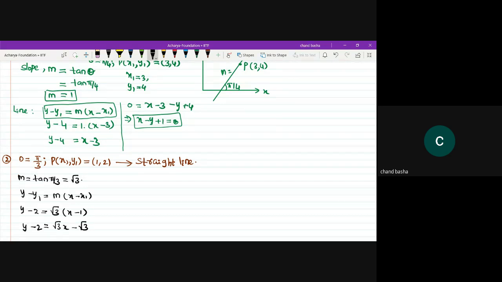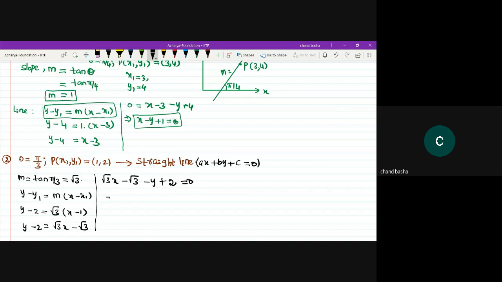As I said, guys, always try to write in standard form. Straight line means your equation should be in the form of ax plus by plus c is equal to 0. So we can write it as root 3 times x minus root 3, left hand side values moved to the right hand side, it is minus y plus 2 is equal to 0.